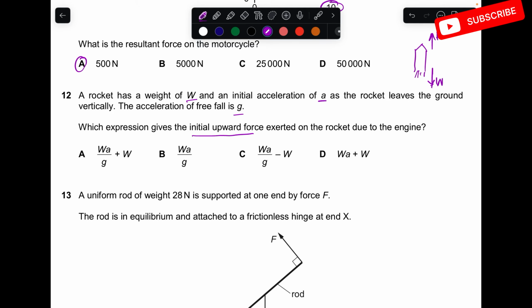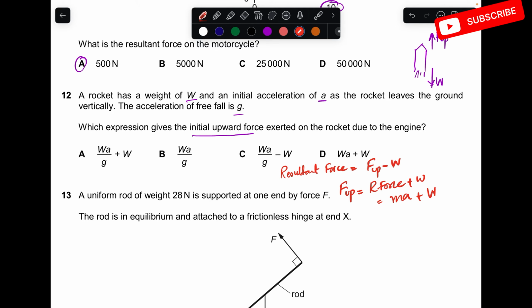The F up force, let's suppose it's acting like this. The resultant force, because it's accelerating upward, should be F up minus weight. We have to find F up, so that will be resultant force plus weight. Resultant force is ma plus weight.